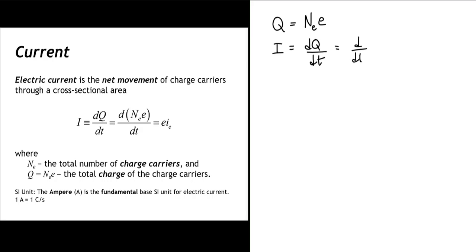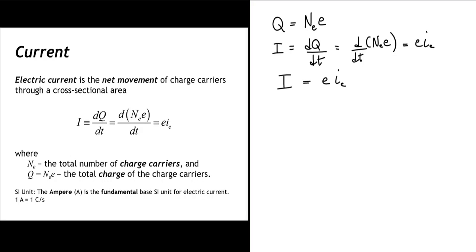That is d/dt of our number of charges times the value of the charge per charge carrier, and this ends up just being equal to the value of the charge times the electron current. In other words, current is equal to the magnitude of the charge of a charge carrier times the electron current of our particular material.